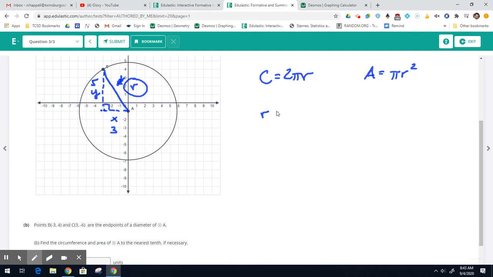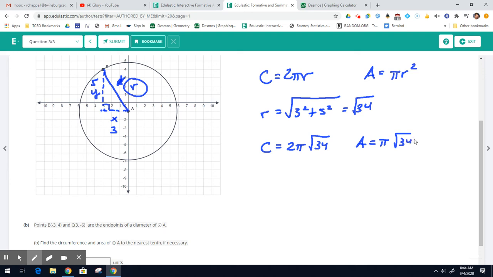To find my radius, I'm going to take 3 squared plus 5 squared and take the square root. Again, 3 squared plus 5 squared is 9 plus 25, that's 34. 34 is not a perfect square. So to find the circumference, I'm simply going to do 2 pi times the square root of 34. And to find my area, I'm going to do pi times the square root of 34 squared.